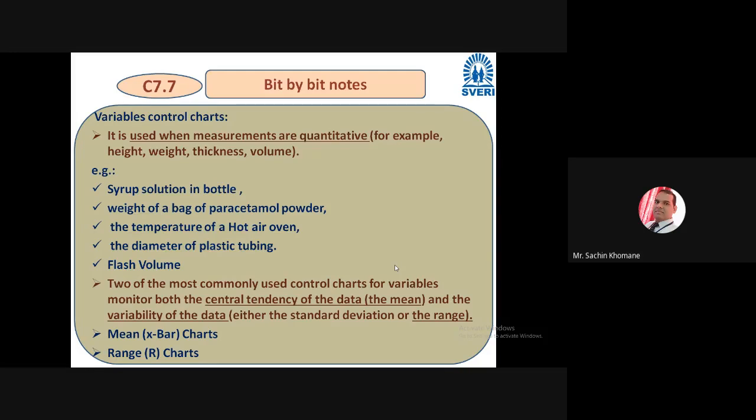So variable control chart is used when measurements are quantitative, meaning things you can measure: height, weight, thickness, volume. So these are the variables.